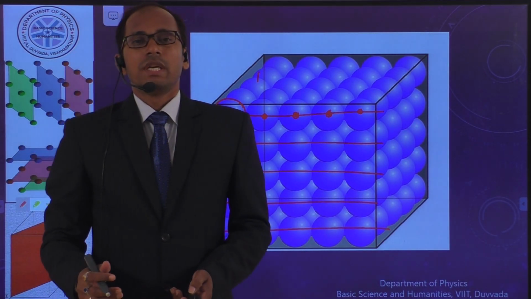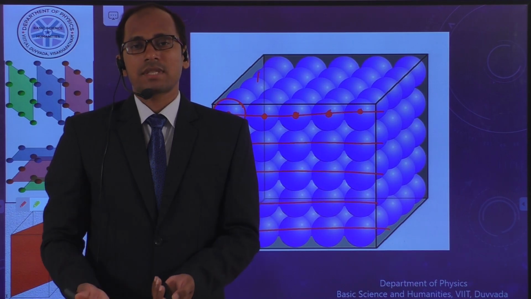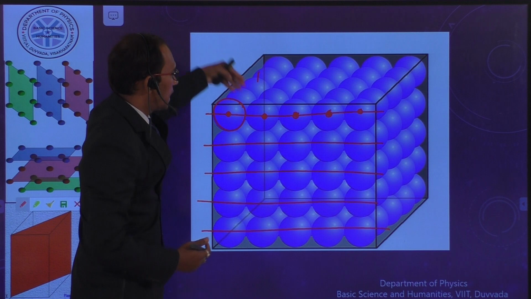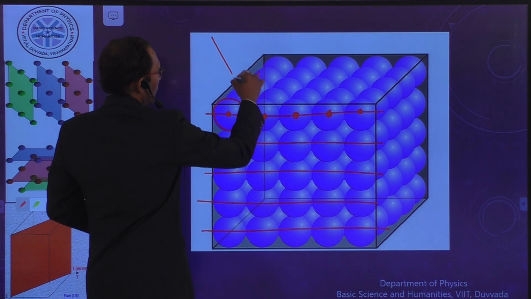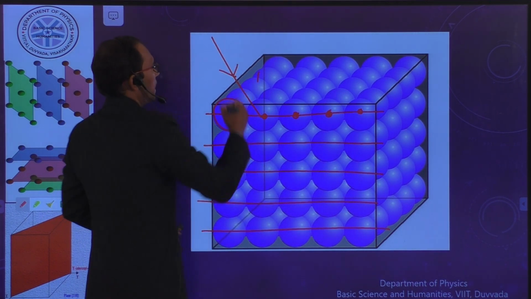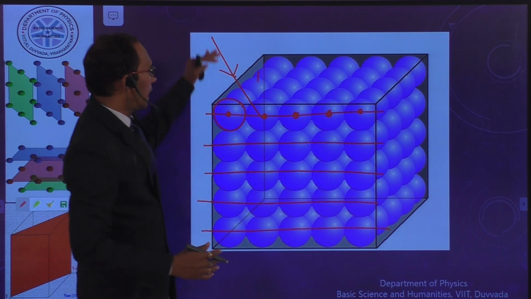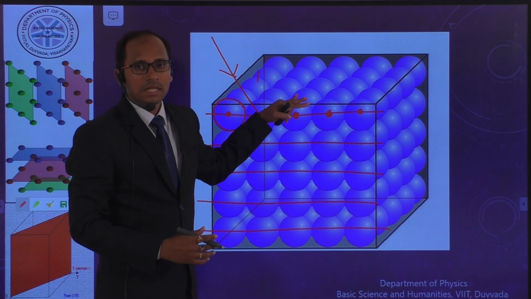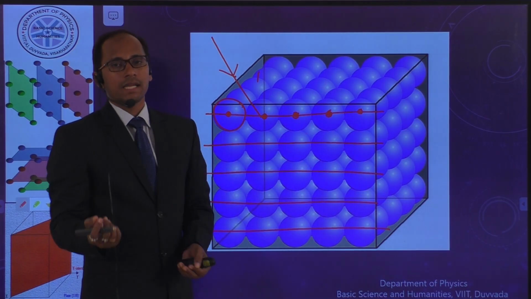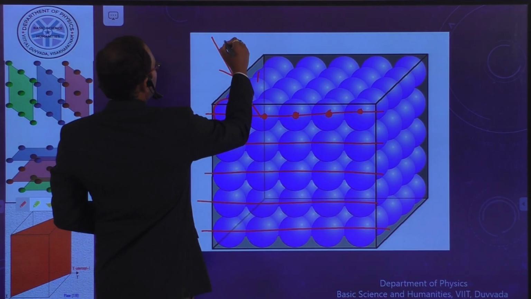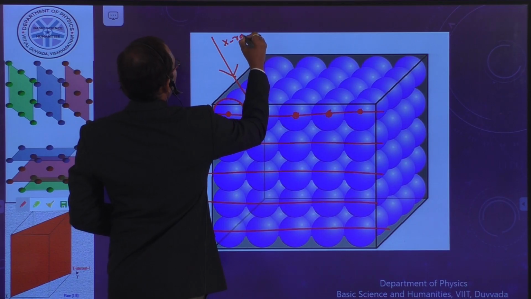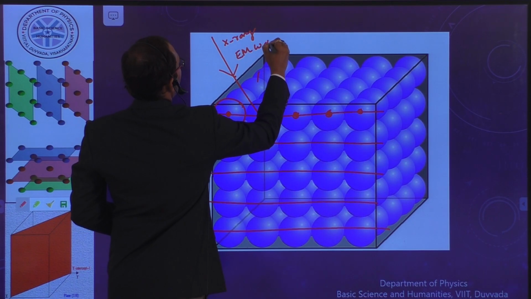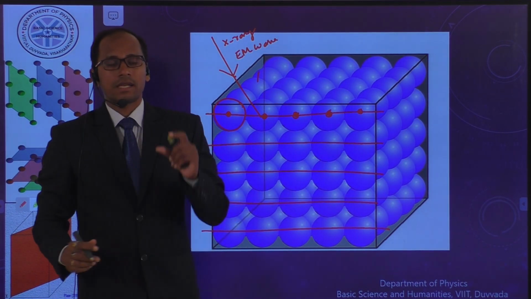Now, if some incident radiation, some X-rays, are incident on these planes, each plane has many atoms, and the atoms have electrons. X-ray is an electromagnetic wave, so it has an oscillating electric field.